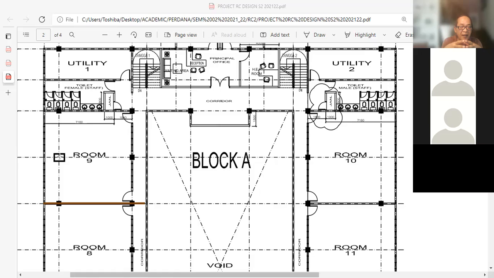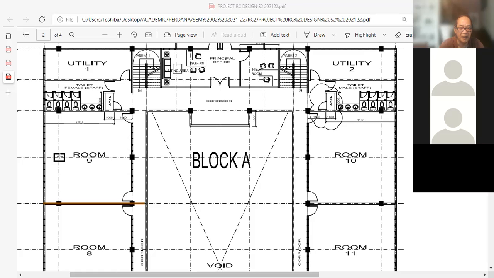It will not cause the function of the room to be forfeited or jeopardized. It does not reduce or affect the usability of the space. But if it is a classroom, if you have an exposed column somewhere in the classroom, even though it is not in the middle, but at the side, the column will still obstruct the view of the students within the classroom. Okay, right?